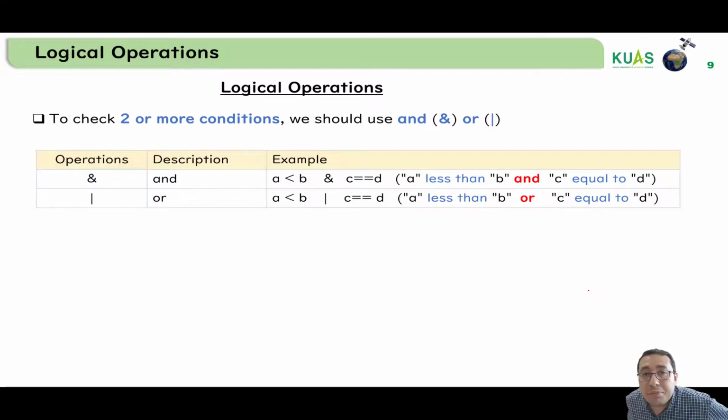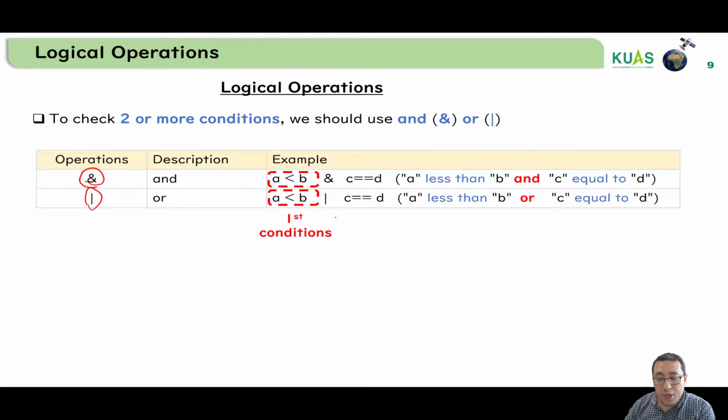So let me explain what the meaning is in the mathematical operation. For example, the AND, we have this AND sign, and OR is similar to one, but we have a character on our keyboard, it's called O. For example, for the AND, we have A less than B and C equal D for both cases.